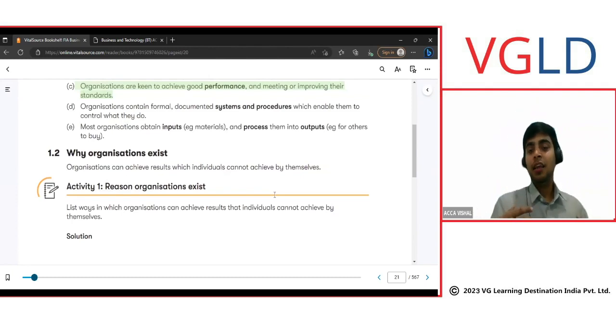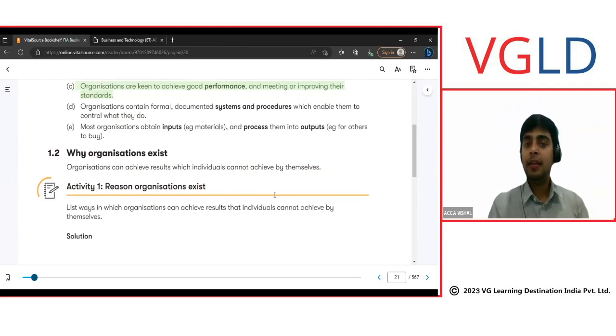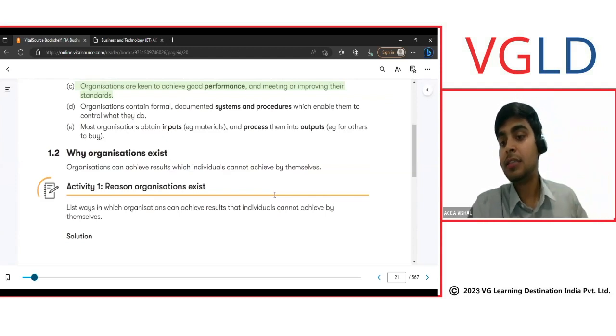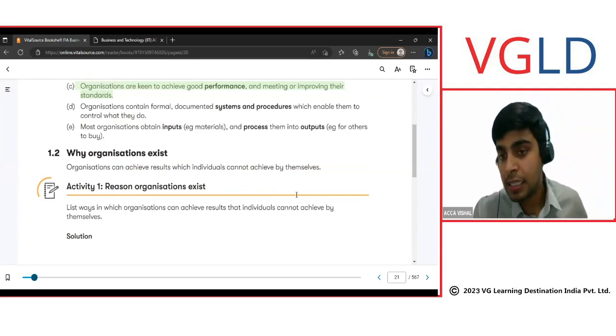So when organizations group individuals together and create standard performances, the task at hand achieves more, they achieve the task in a better way, and the ultimate result is better.